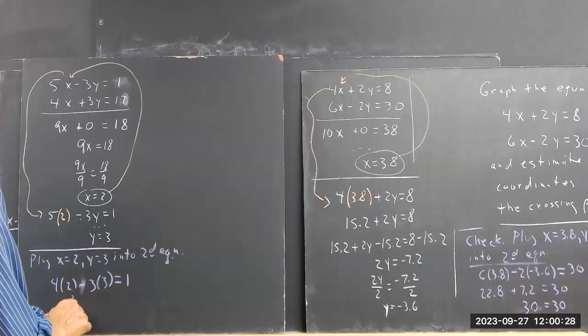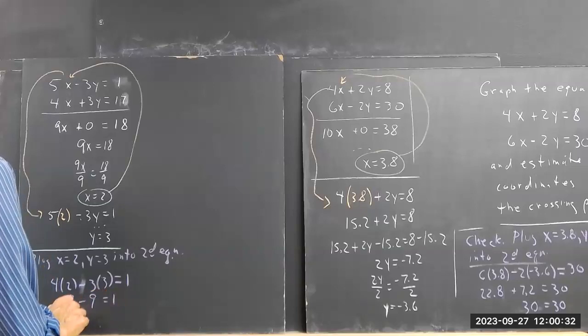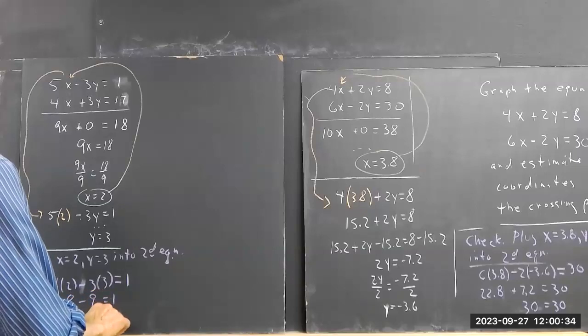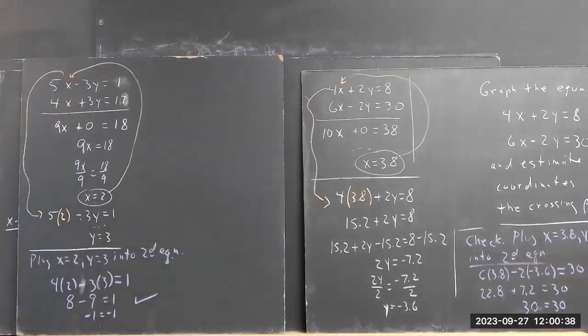Well, 4 times 2 is 8. 3 times 3 is 9. And 8 minus 9 equals negative 1. And we put a big old check mark next to that. All right. Well, that is simple enough. But it's not that simple. So that's a process that we want to practice.